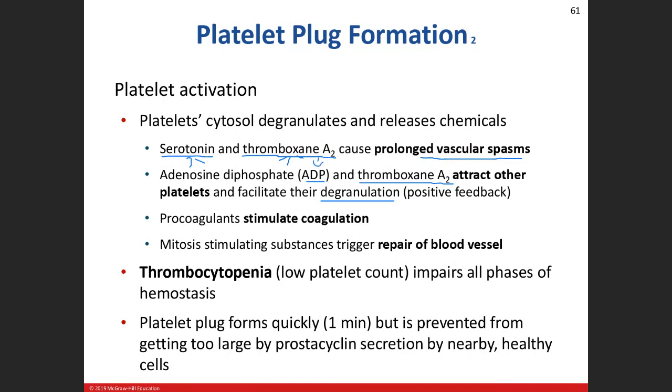So we'll get these chemicals, which will then stimulate more clogging or coagulation there. And then these same chemicals will also trigger the cells that are existing there, like fibroblasts, to undergo cell mitosis. So they'll start to divide as they're repairing that tissue there. We'll go into this in much more detail.